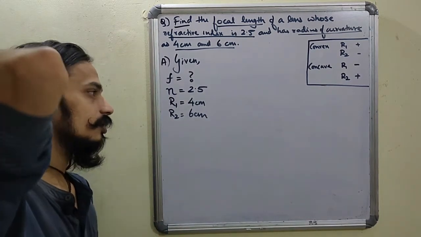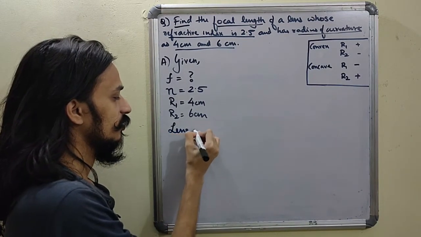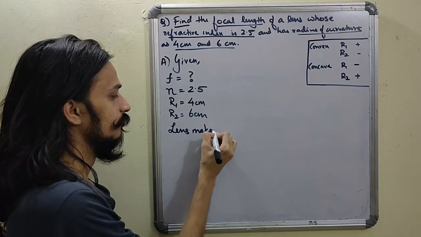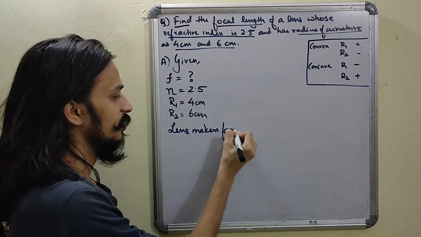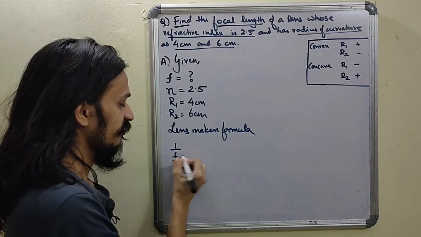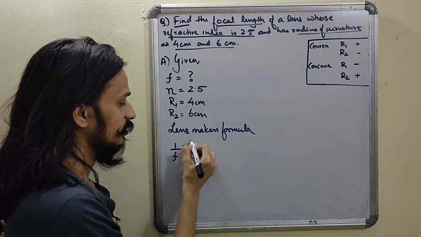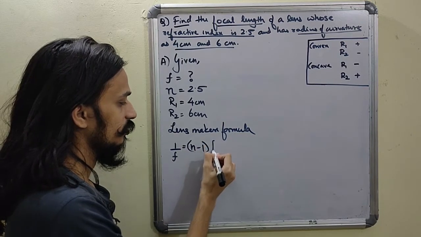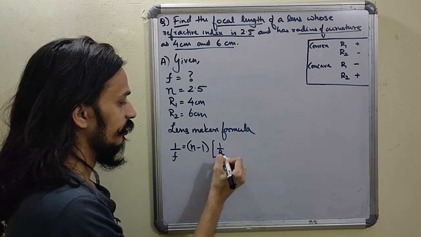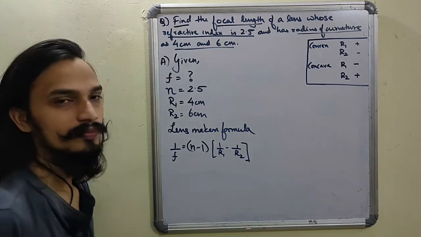Okay, so firstly let's look at the formula. Lens maker's formula is 1 by f equals to n minus 1 into 1 by R1 minus 1 by R2.